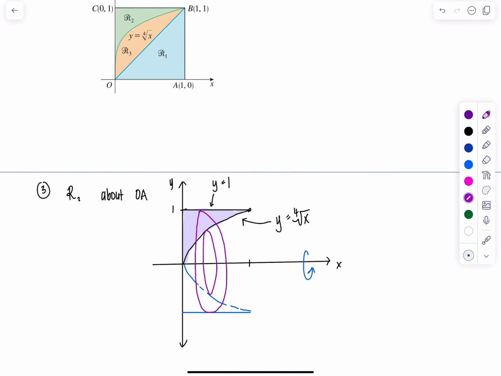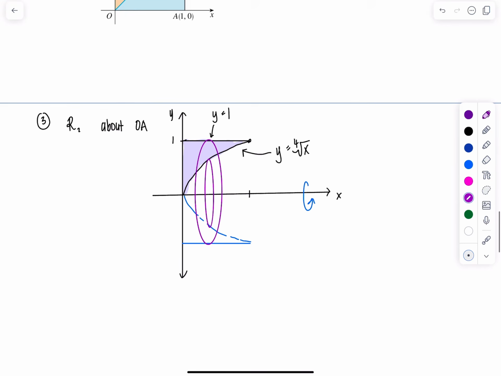Let's identify them. Outer radius, inner radius, and then let's make sure the slices are moving in the x direction, so we're going to integrate with respect to x.